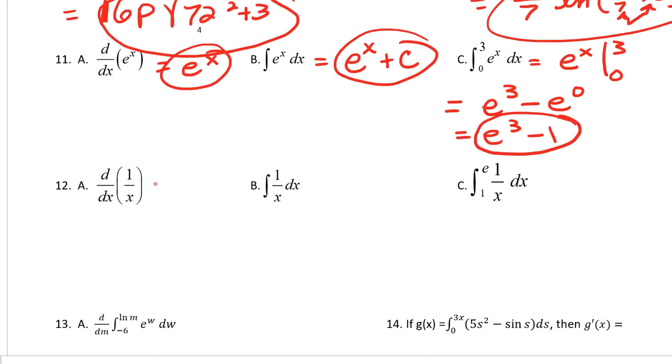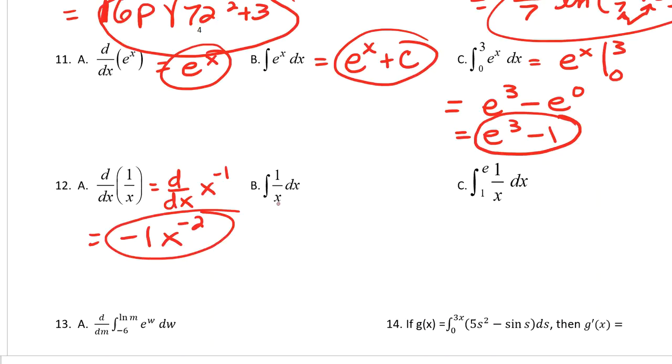The derivative of 1 over x, think of this as x to the negative 1 if you prefer. So we do our power rule for our derivative. And here the antiderivative, 1 over x is the derivative of the natural log. Here x could be either positive or negative, so we want to put absolute value there, plus c.